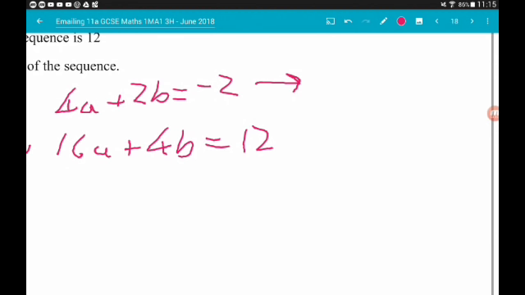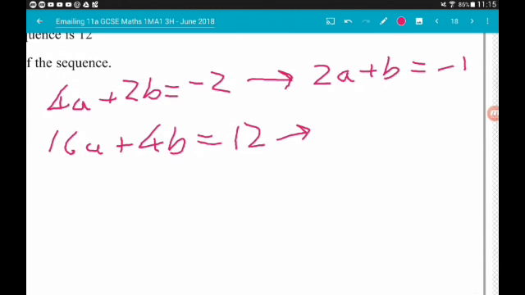So if we divide that away, we get 2a and b is minus 1. And the second equation has a common factor of 4. So if we divide that away, we get 4a and b is equal to 3. So these are the two equations that we're now going to be playing with.